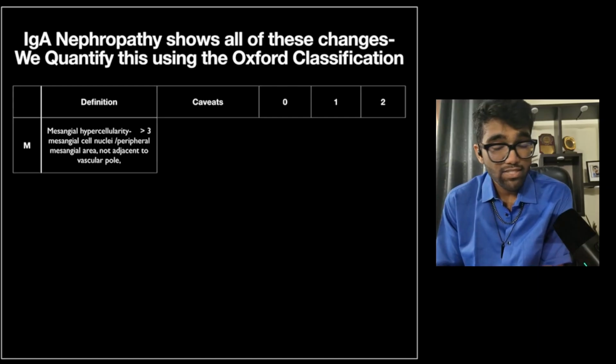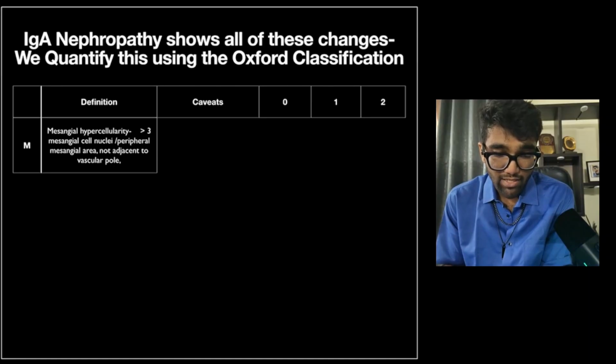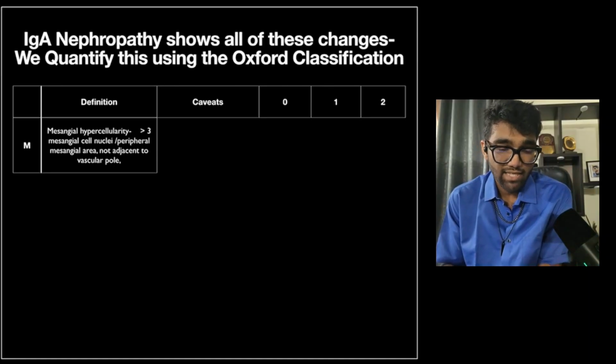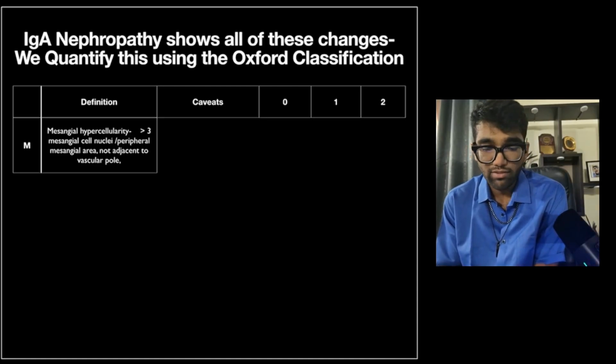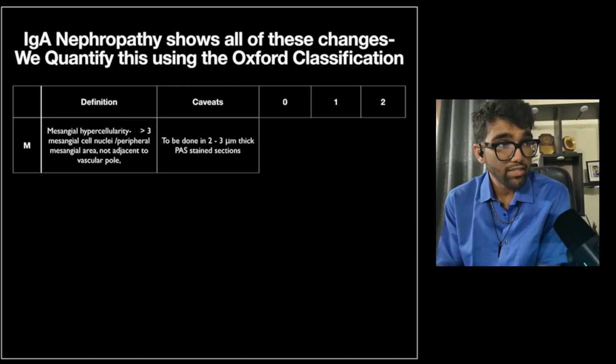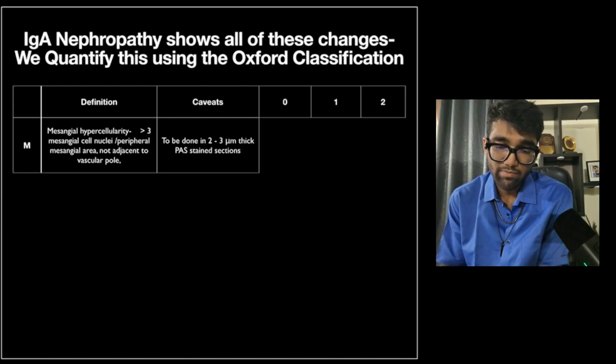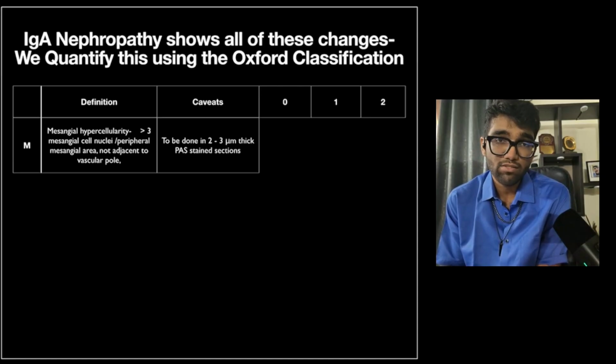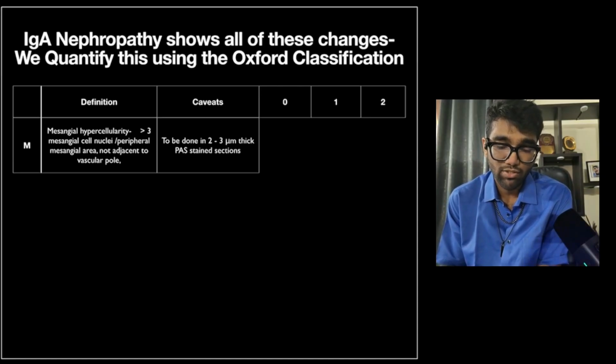That is defined as the presence of more than three mesangial cell nuclei in a peripheral mesangial area, per single peripheral mesangial area, not adjacent to the vascular pole. Importantly, there is a caveat that this measurement should be done in 2 to 3 micrometer thick PAS stained sections. Whenever you're suspecting IgA glomerulonephritis, you must do a PAS staining, and the histopathologist must ensure that the section thickness is 2 to 3 micrometers.